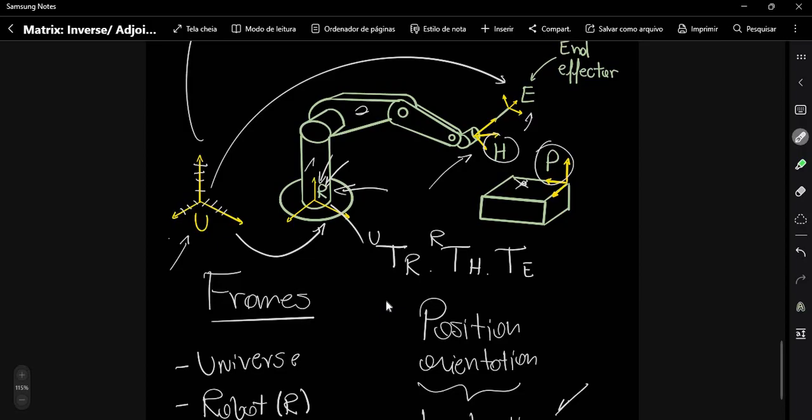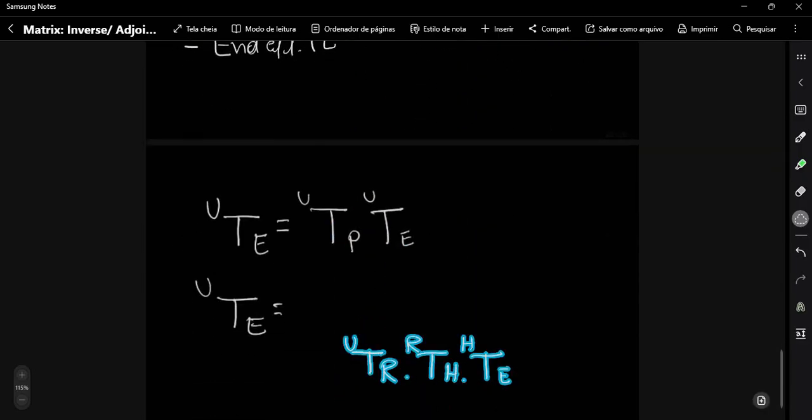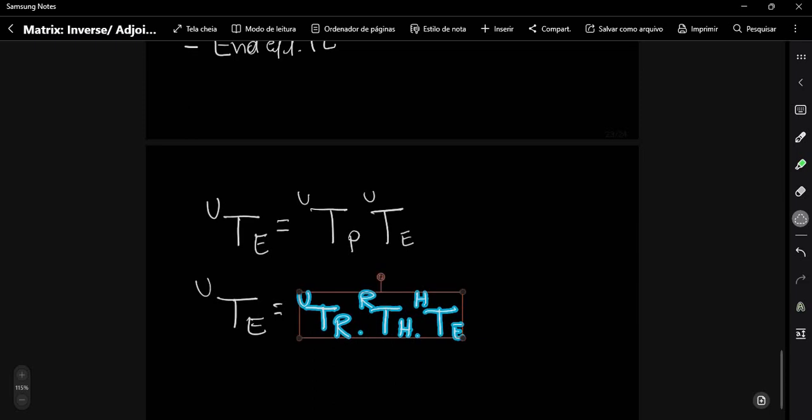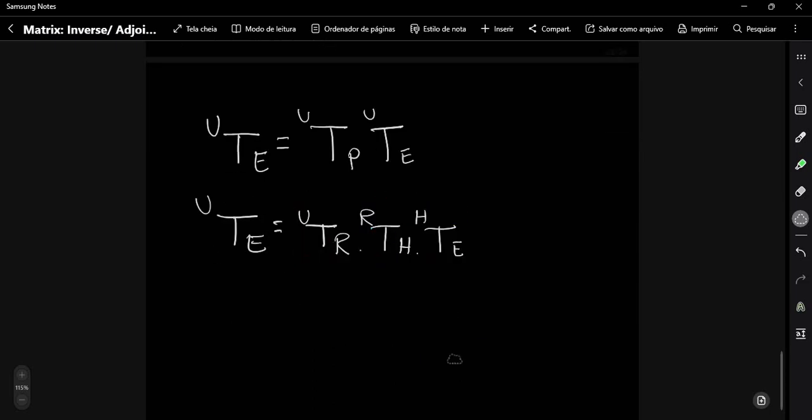So it's a transformation of the frame E in relation to the frame H.